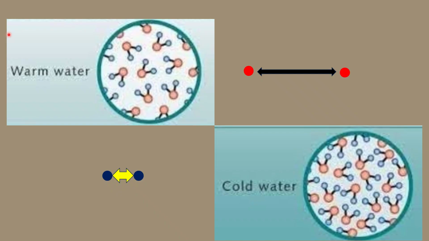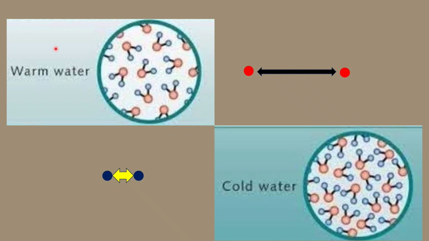Only in this range, water shows an anomalous behavior. It contracts on heating and expands on cooling, but only in this range 0 to 4. Otherwise, we know what happens.